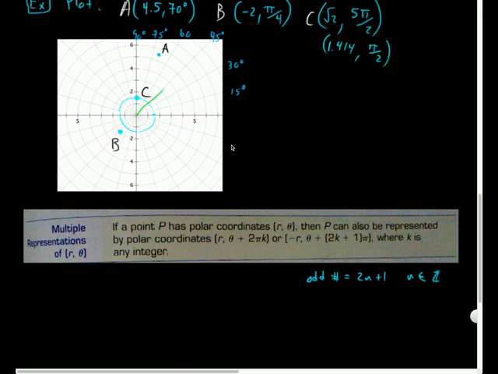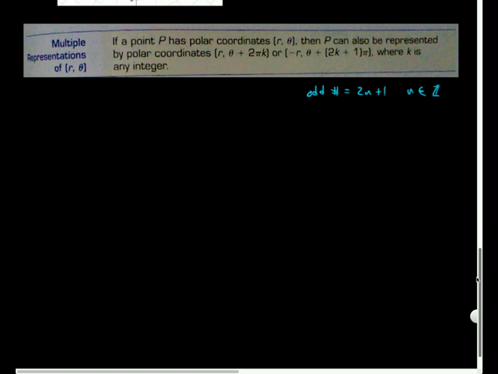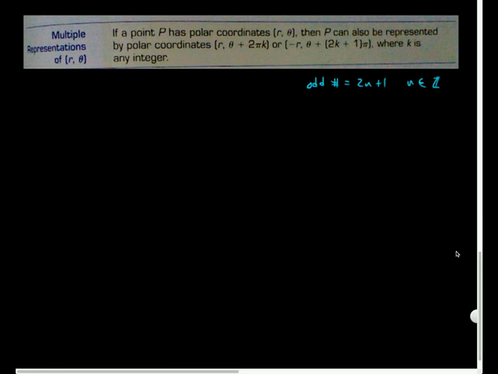And basically I can represent it by being 180 degrees away angle-wise, but just moving in the opposite direction, is all that that's saying. So this is just indicating that there are infinitely many ways of representing a point in the polar coordinate system, unlike the Cartesian coordinate system, where you would just represent it as your ordered pair, horizontal and vertical movement. The next thing I want to look at are some basic functions. So, graphing basic functions.